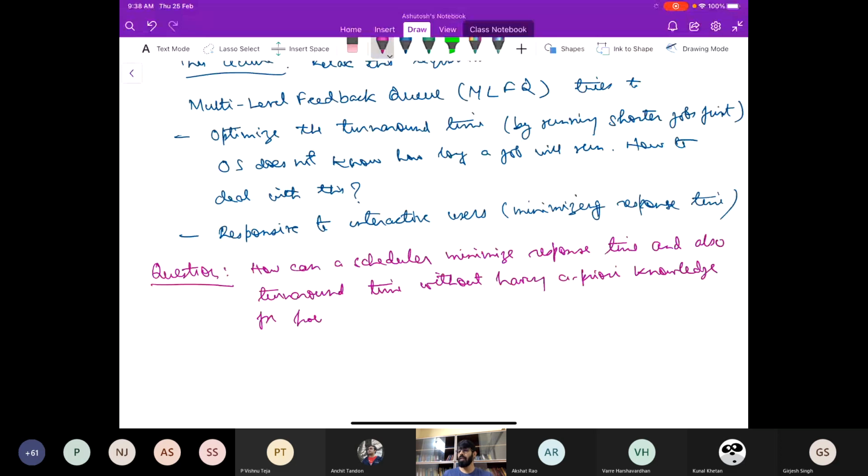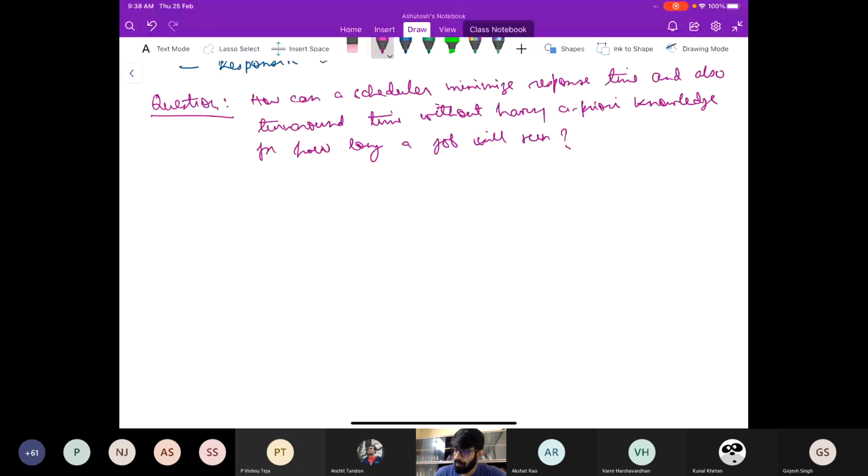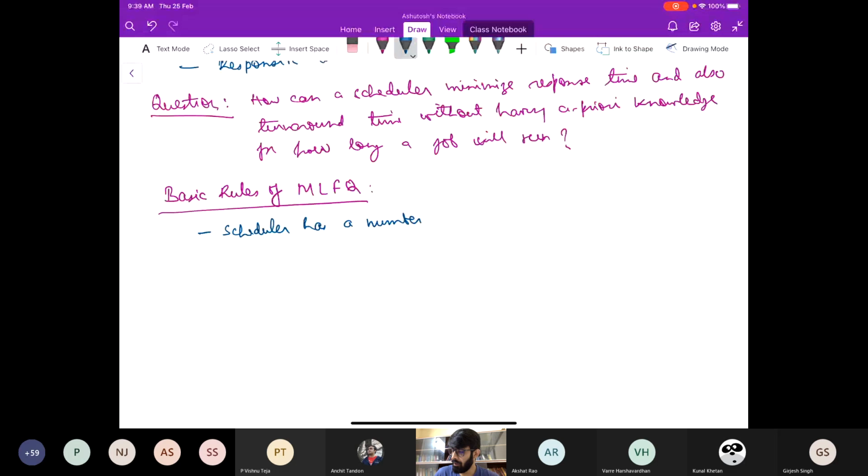Okay, good. All right, so let's start with some basic rules. How does this thing work? The first thing is that the scheduler has a number of queues, as the name suggests, that it has something to do with queues.